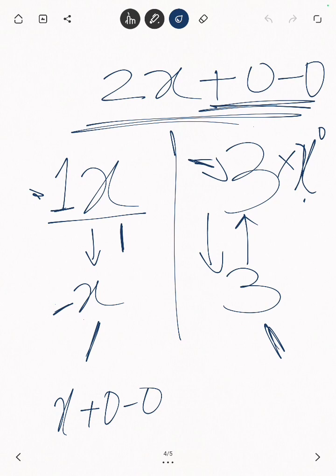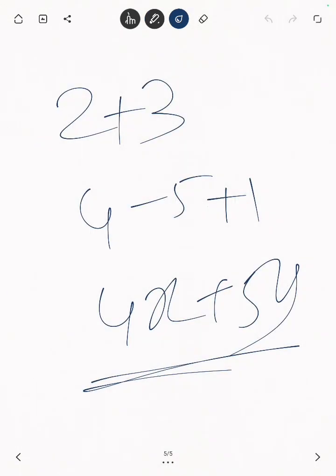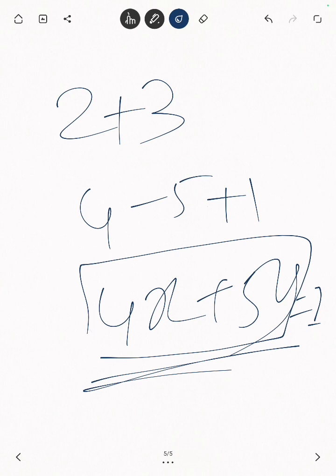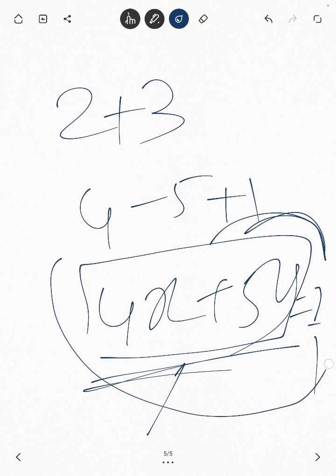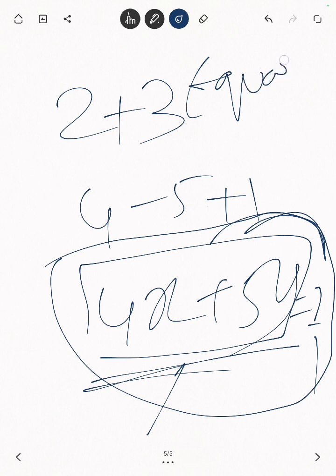There's a lot of difference between 4x plus 5y, and 4x plus 5y equals some other number. We call this part an expression. When we equate two expressions, this is an expression, this is an expression, then we call those two equated expressions an equation. There's a lot of difference between expression and equation.